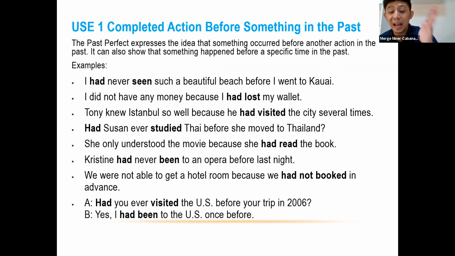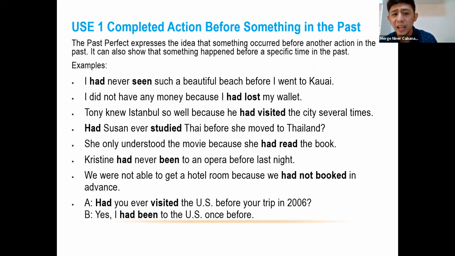Take a look at this. I had never seen such a beautiful beach before I went to Kauai. Okay, so it means that there is no existing memory for this person about the beautiful beach that this person is experiencing. But when this person went to Kauai, now he saw a beautiful beach.